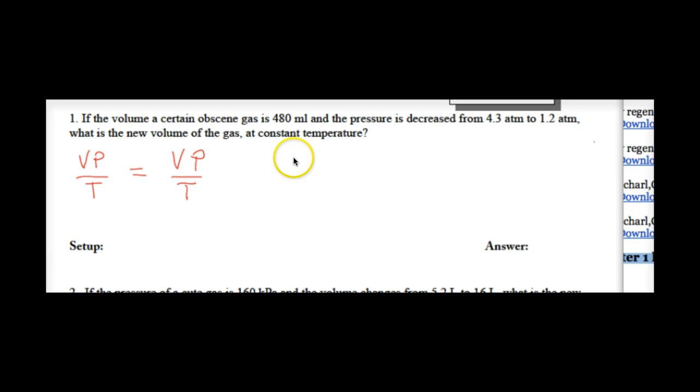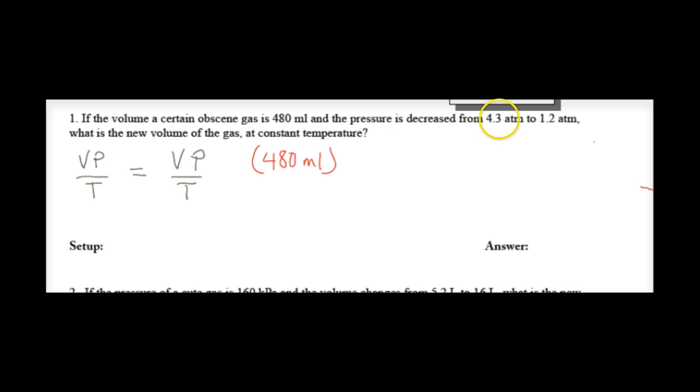So you can take your 480 and you're going to represent it with milliliters, and your first pressure is the 4.3 atmospheres, and you're going to multiply it by 4.3 atmospheres.